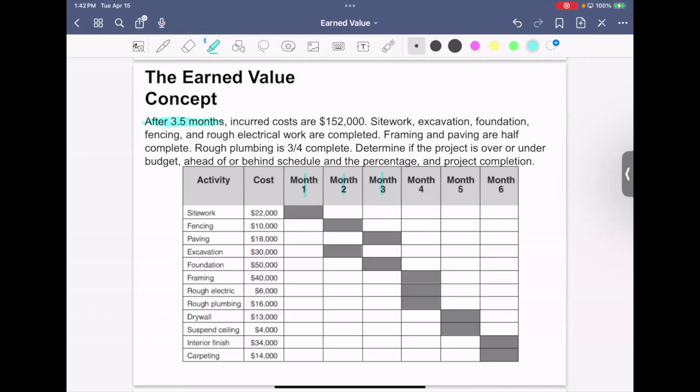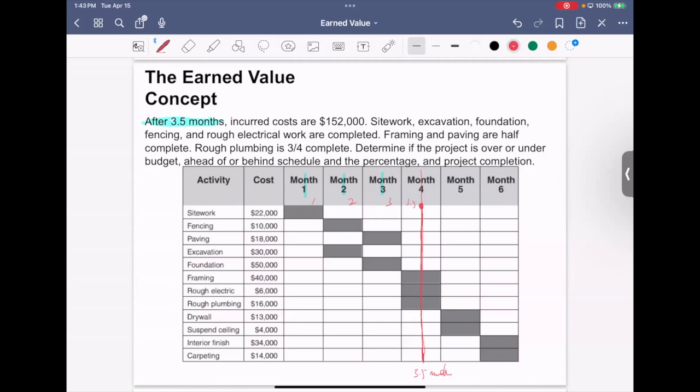It is in here, right? I'll draw a line over here. This is 3.5 months.